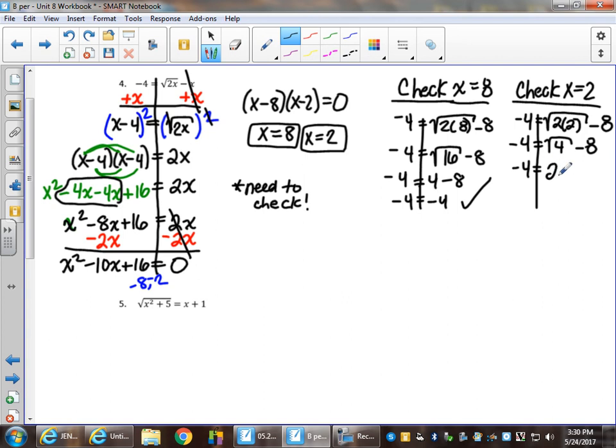Well, the square root of 4 is 2. And 2 minus 8 is negative 6. That is false. So x equals 2 is not an answer. X equals 8 is my only answer.